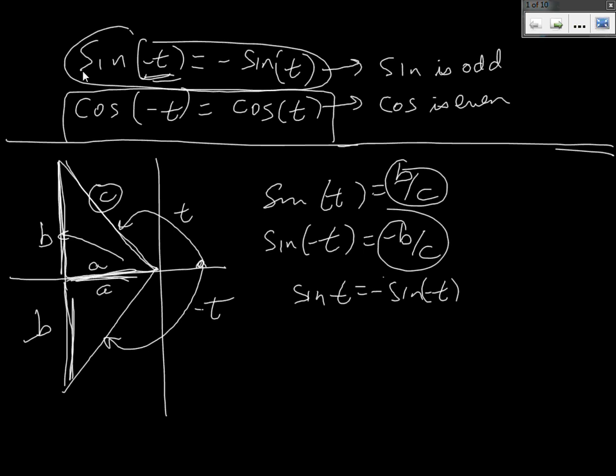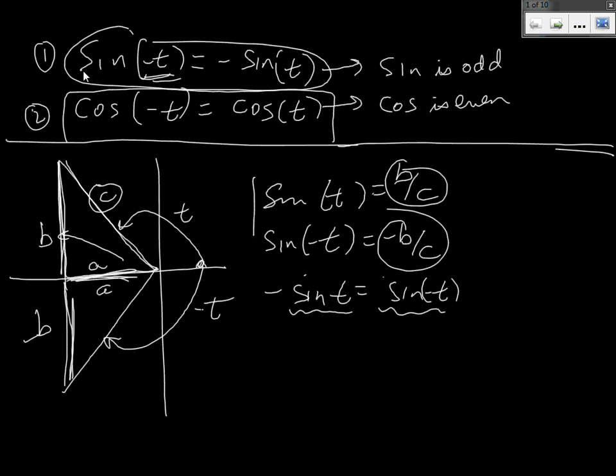Now, if you put the negative sign there, that would be equality, but then you can multiply both sides by negative 1. When you multiply this by negative 1, you'll get negative sine of t. And when you multiply this by negative 1, you'll get positive sine of negative t. And you don't need that positive sign. Oh, that's exactly equation 1.